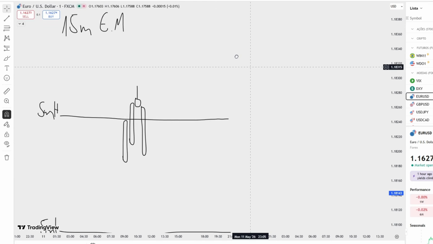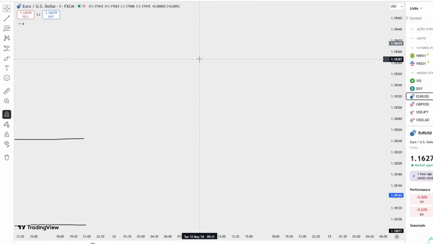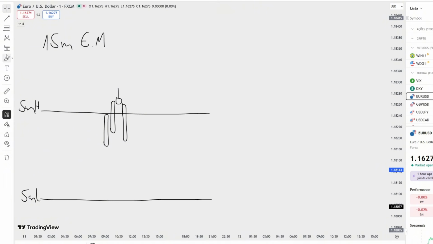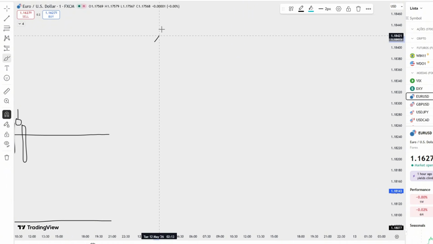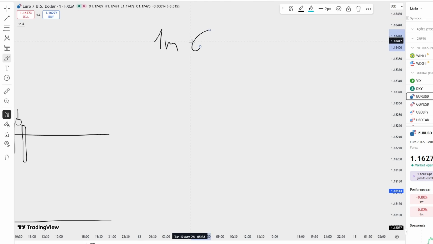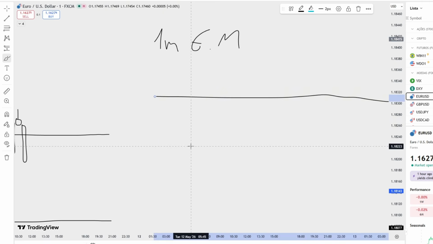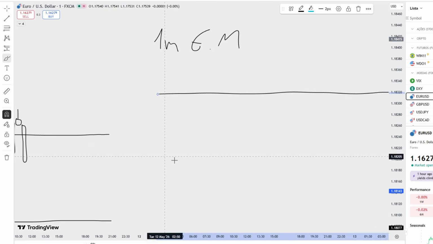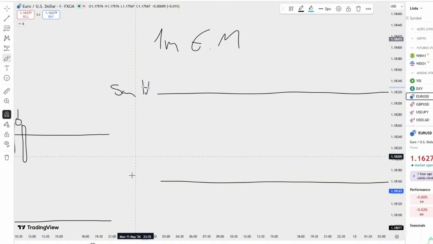Let's go for the 1 minute right now, and I'm going to show in the charts the examples of it, just real quick. So, 1 minute entry model. You have the same thing here: you have the 5 a.m. range, the 5 a.m. high and the 5 a.m. low.